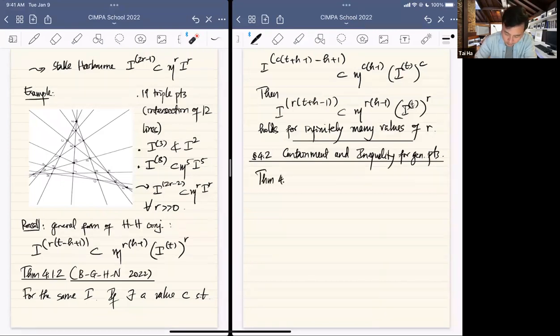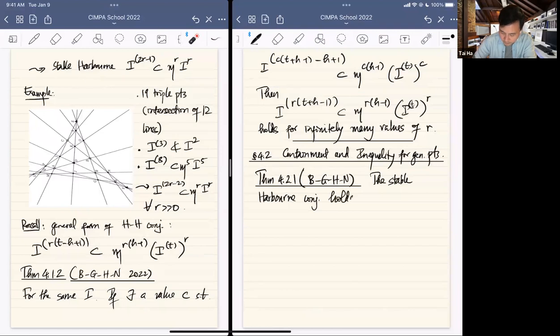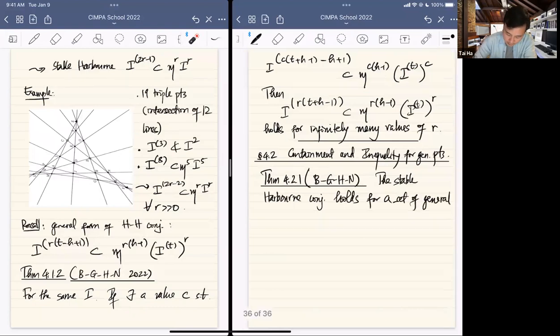So 4.2.1, this is again by the same group of people. What we prove is that the stable Harbourne conjecture holds for a set of general points, any set of general points.